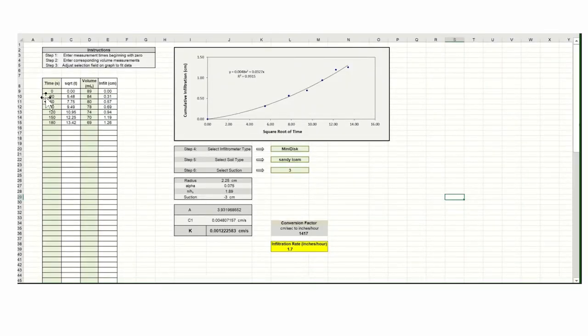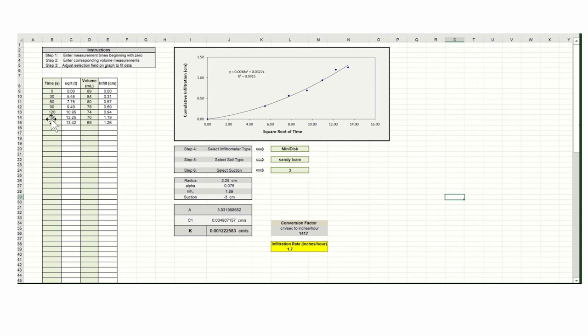Here's an example of an online spreadsheet calculator that will take the information that we've gathered in the field and generate our infiltration rate. The data we've collected in the field, including the time and the water volume measurements, are entered into the table, and we can select the mini disc infiltrometer, the soil type we've been working with, and the suction level used to make the measurement.